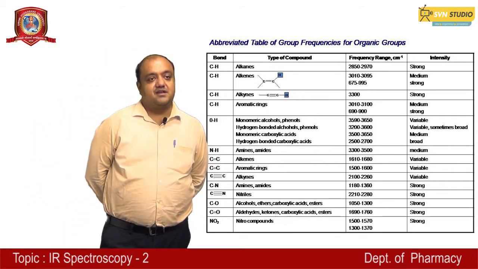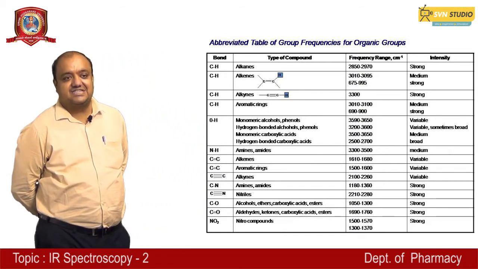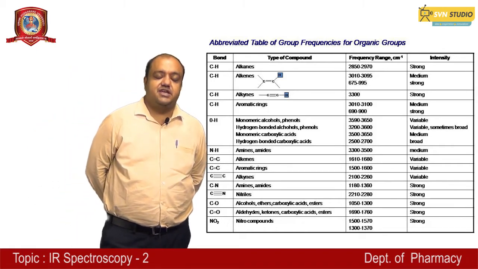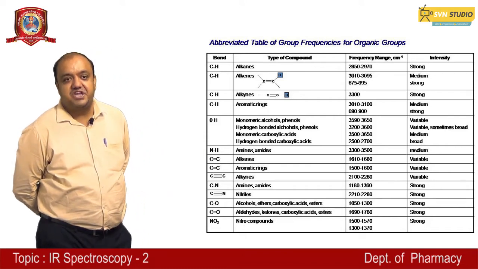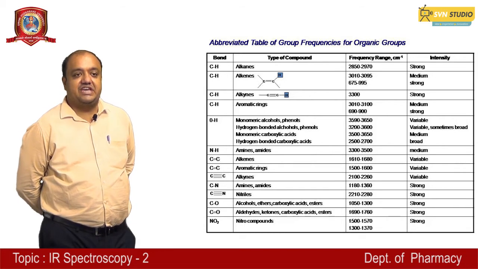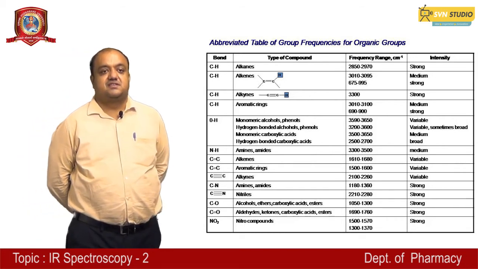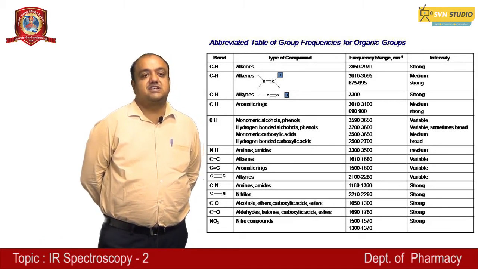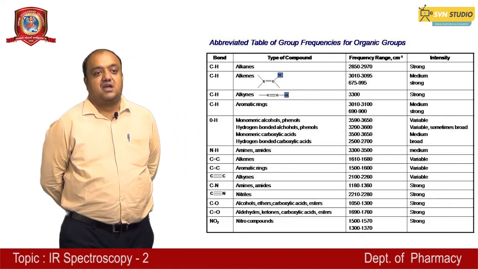And another example is amines or amides, where N-H stretching shows at 3300 to 3500 centimeter inverse with medium intensity peak. And next one is alkenes, where the C=C bond absorbs at 1610 to 1680 centimeter inverse in variable peak.